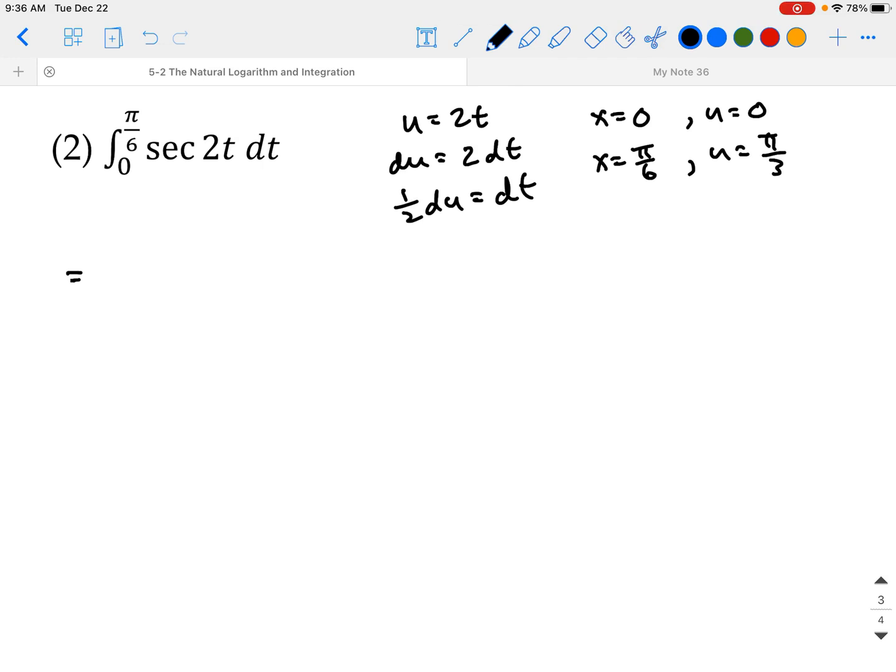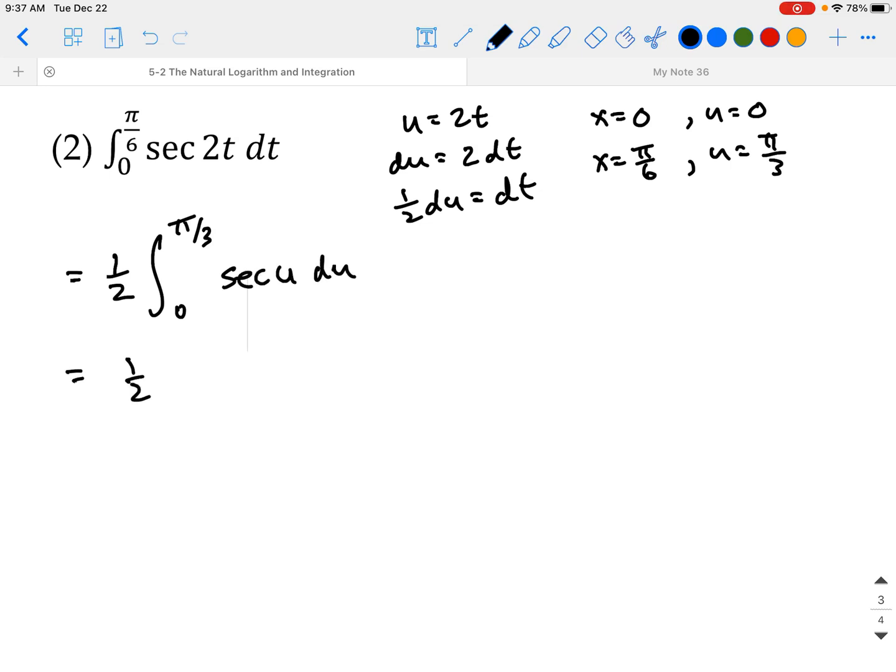I'll use the u sub, but again, this one is one you could work backwards from. So then we're going to get the antiderivative as the integral as 1/2 integral from 0 to pi over 3 now of secant u du.